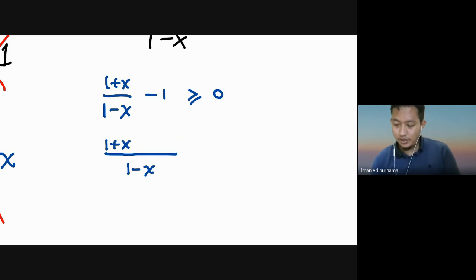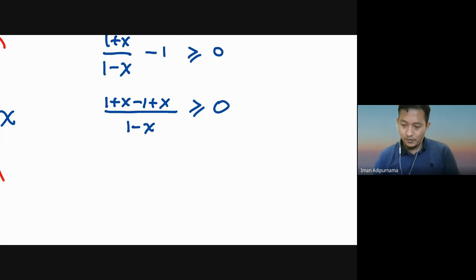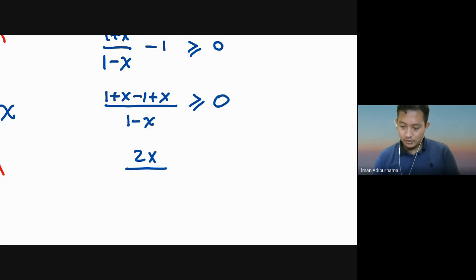Okay, careful here. So 1 minus x multiplied by the negative will be negative 1 plus x, right? And you get this 2x. Okay, we now have a fraction.